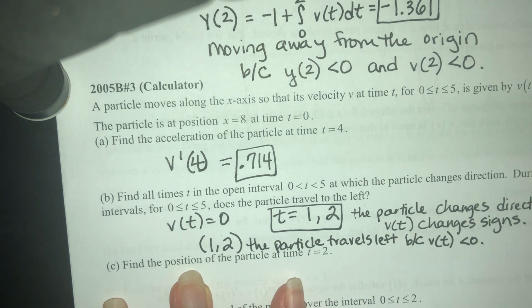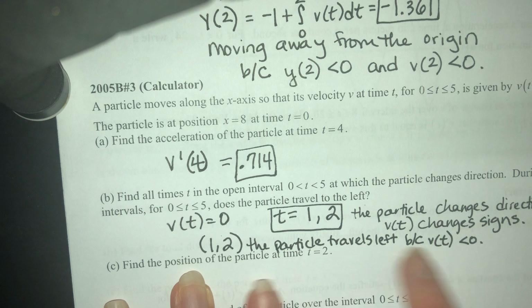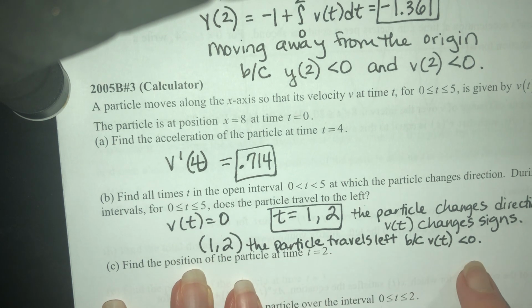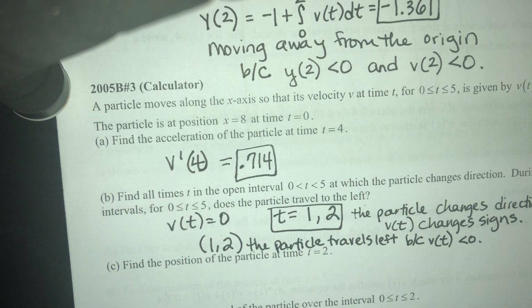It never said give a reason for your answer, but they have the point saying it's got to have the interval with the reason. So always justify your work on the free response section of the AP exam. And keep in mind that the best way to justify your work is always by quoting something on a note card or referencing some mathematical property that you have memorized from your note cards.